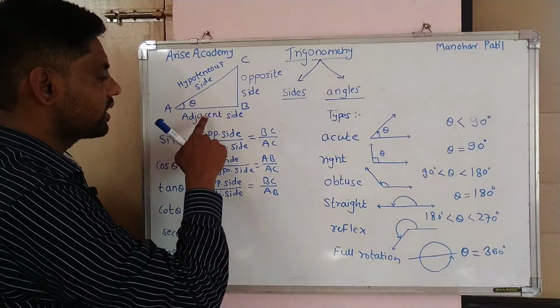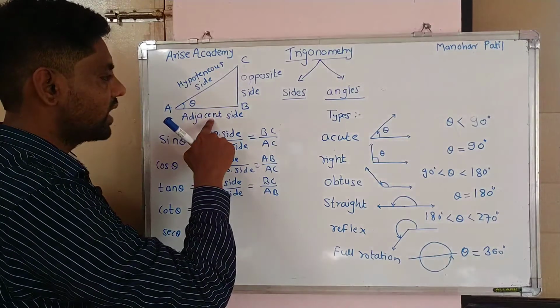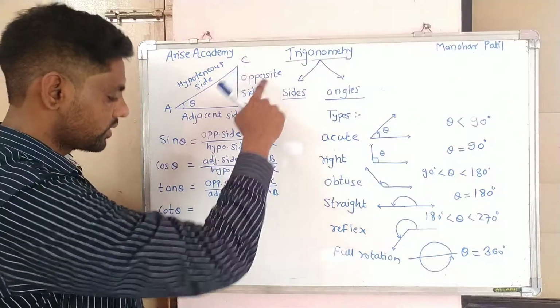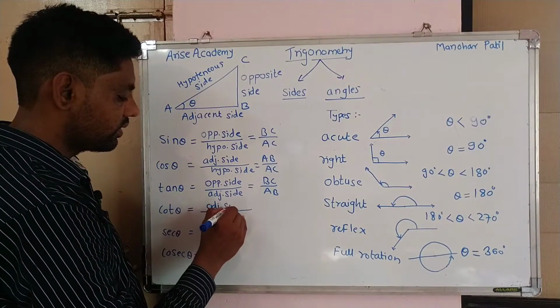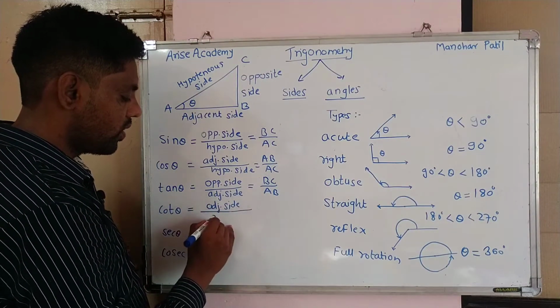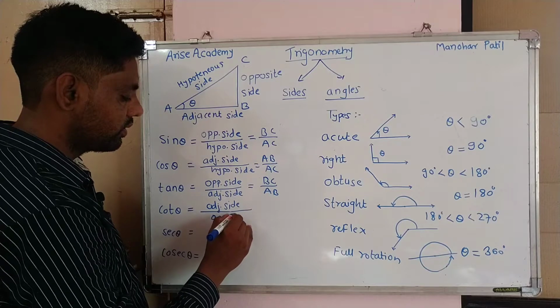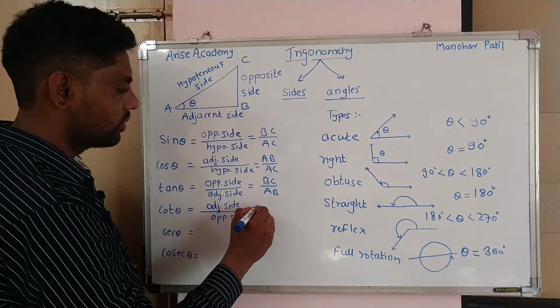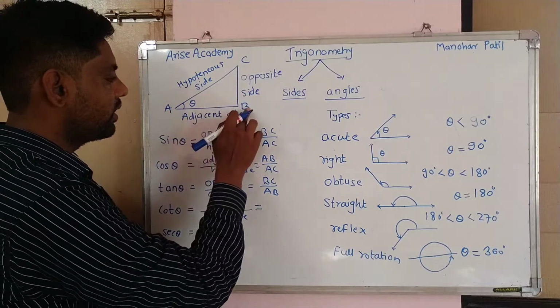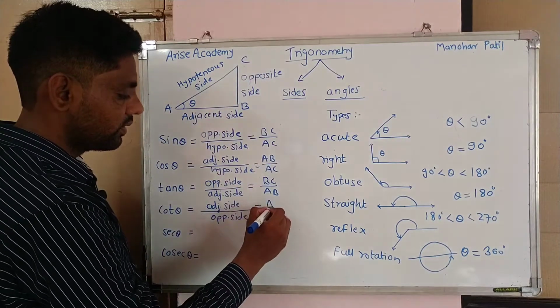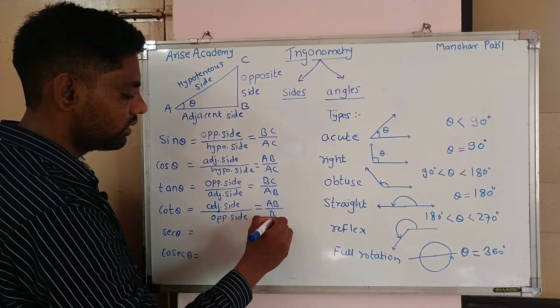Cot theta is nothing but adjacent side upon opposite side. So it is equal to AB upon BC.